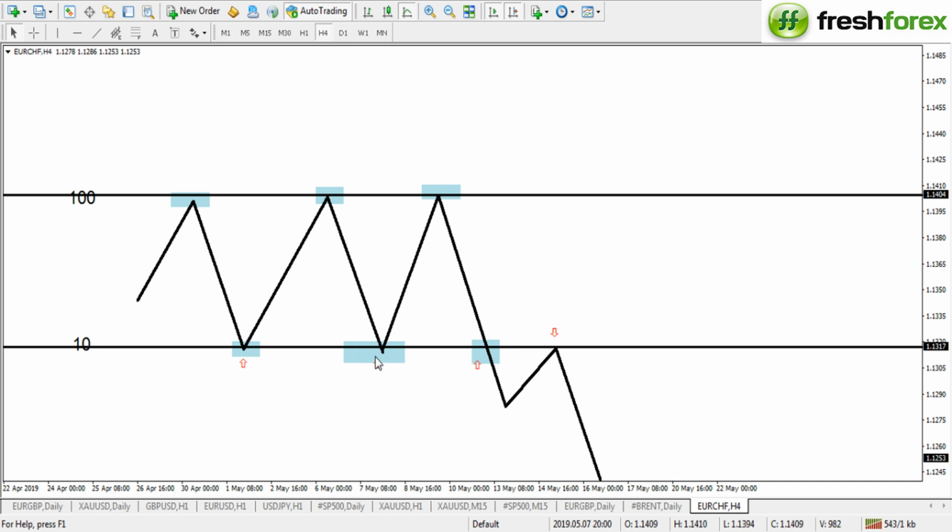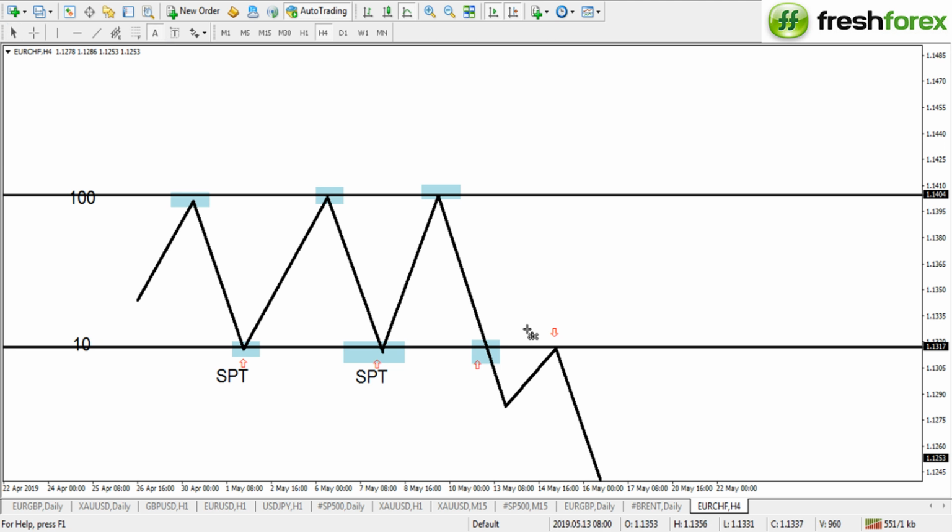The same exact place becomes a sell place. So this will be a good support here, there's a support, and you also have this as a good support.